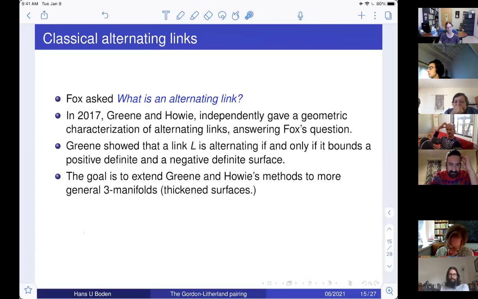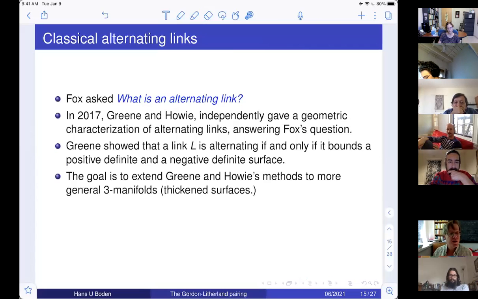So let me give you the first application of these. A long time ago, Fox asked, what is an alternating link? This problem was studied and has a celebrated result now, four years old, due to Josh Greene and Josh Howie. They gave a really beautiful geometric characterization of alternating links. In particular, Josh Greene showed that a link is alternating if and only if it bounds a positive definite and a negative definite surface.